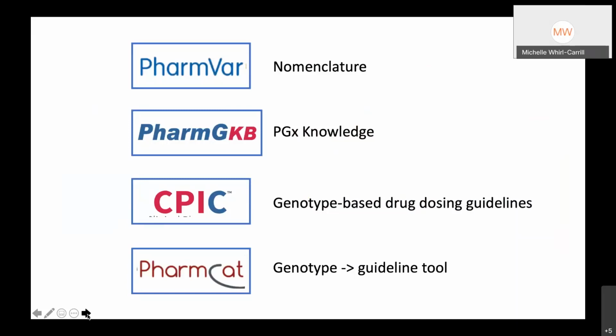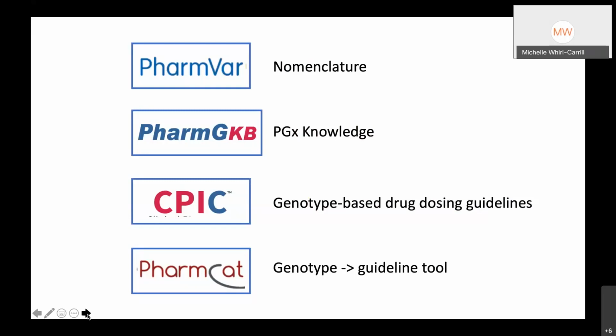PharmGKB is a knowledge base whose goal is to accumulate all the PGx that can be found from the peer-reviewed literature, from drug labels. PharmGKB looks at pathways. They create information from the stuff that they curate as well. And it's kind of like a centralized hub for pharmacogenomics.